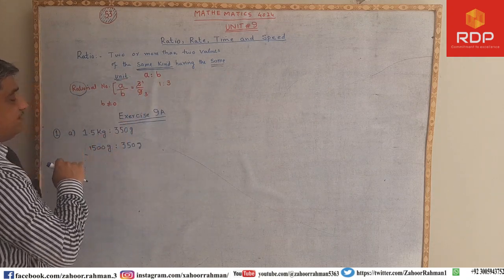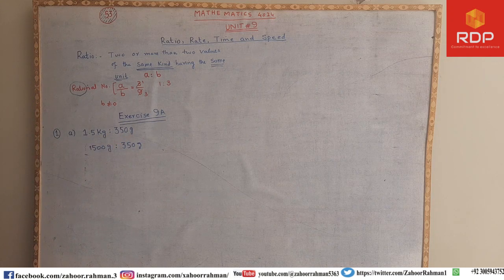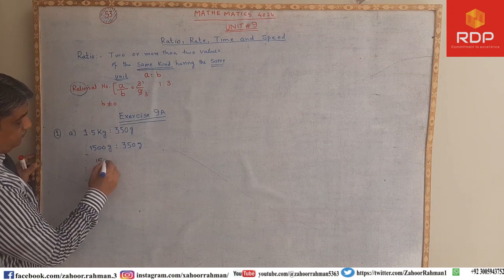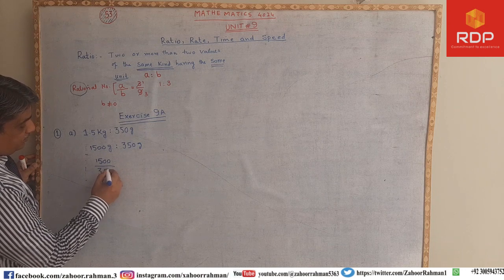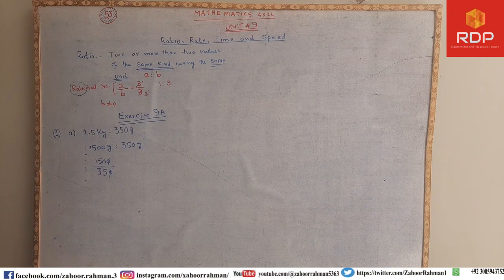One unit is gram and the other unit is kilogram, so we have to convert both these quantities to the same unit. And I told you that we can write this in fraction form, so it is easy for simplification.